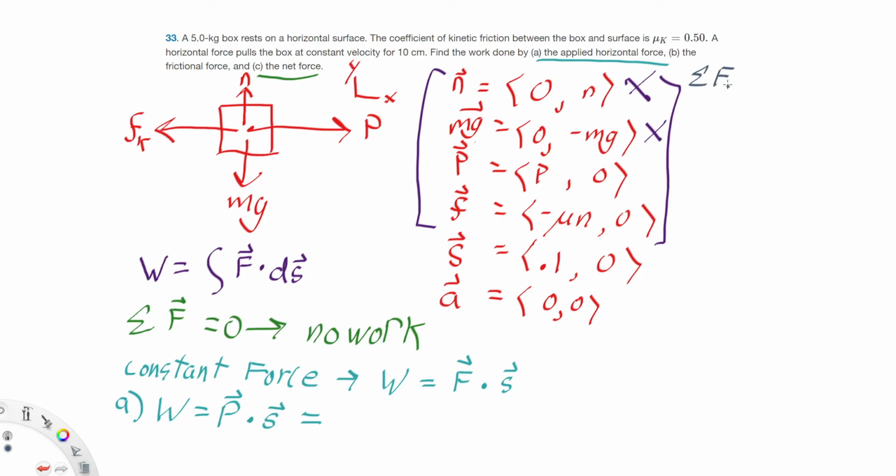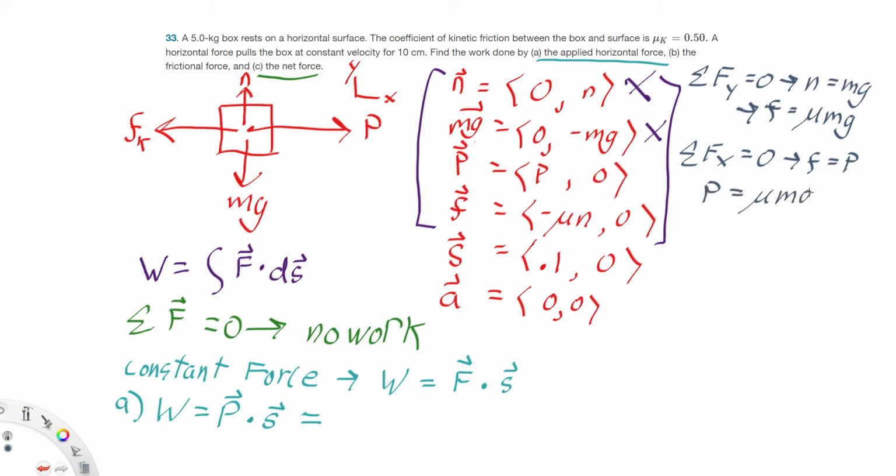Sum of forces in the y direction is 0, which implies the normal force is equal to the weight. And that implies that the frictional force is equal to mu mg. Sum of forces in the x direction is also 0, which implies that the friction equals the pulling force. Therefore, the pulling force also equals mu mg.